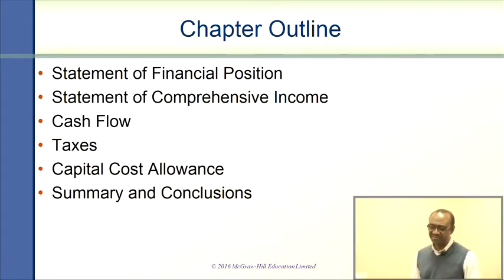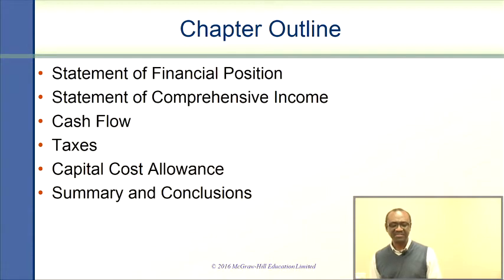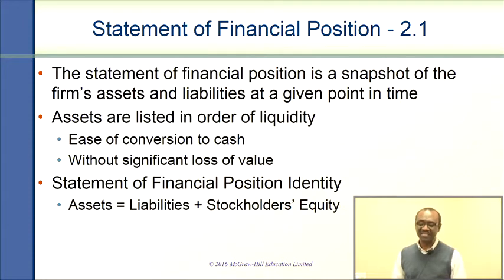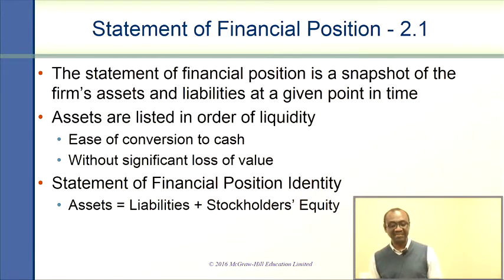What are these financial statements? We start with the statement of financial position. The statement of financial position typically means it's a snapshot of the firm's assets, liabilities, and equity at a given time period.